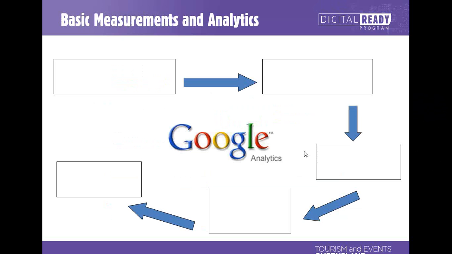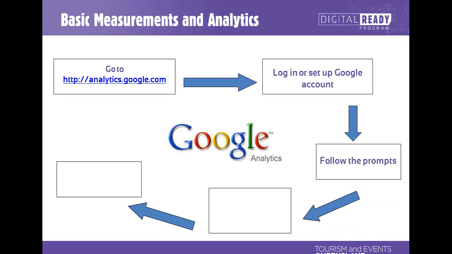Okay, so that's analytics. If you haven't got it, it's not hard. You just need to go to analytics.google.com. If you can't find it, Google it. I always recommend that with Google because they change all the time where they host things. And if you've got a Gmail account, log in with it or set one up. That's not hard and that's free as well. You just need to nominate a username and password, which gives you an email address, and log in with that.